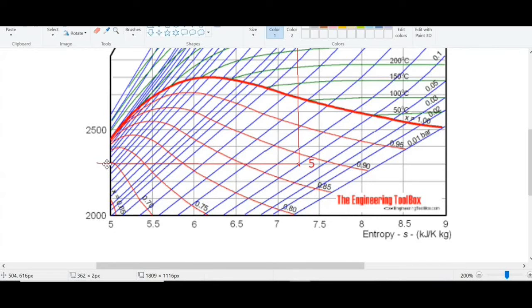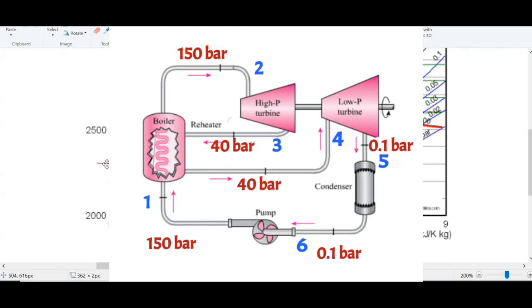Now what is happening in condensation process? So this condensation process, it is taking place, that is after condensation there is point 6, but this condensation is taking place at constant pressure. So pressure at 5, that is 0.1 bar, is equal to pressure at 6, that is P6 is equal to 0.1 bar.